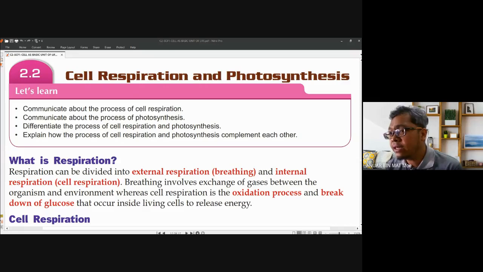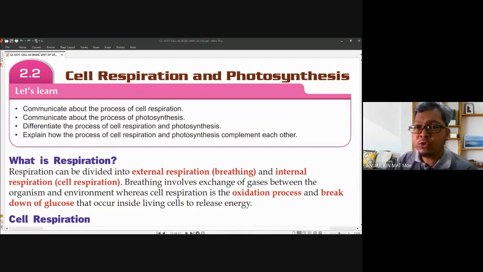Before we start the class for today, we just want to remember the previous topic, topic 2.1, where we learned about the cell in living organisms. Make sure, number one, you remember the meaning of the cell.